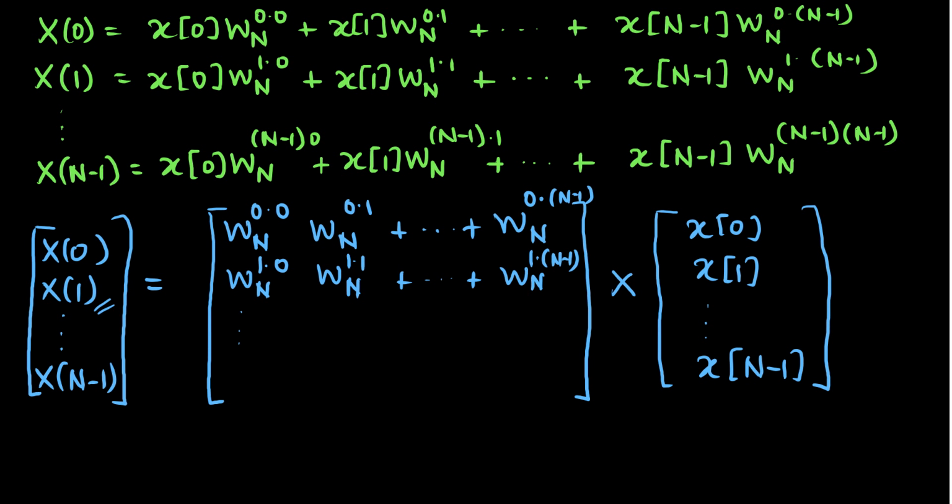If we continue and try finding the value of X of n minus 1, then we would get Wn to the power n minus 1 into 0, Wn to the power n minus 1 into 1 and so on till Wn to the power n minus 1 into n minus 1.